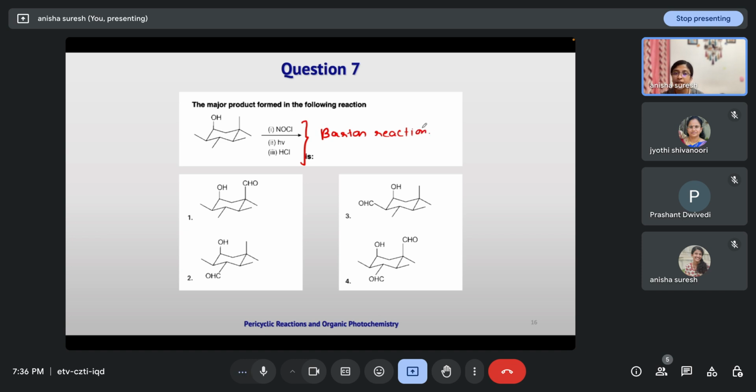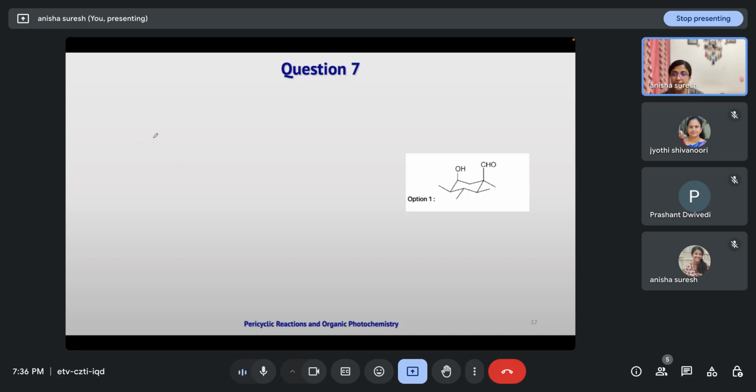So how does it take place? We will explain with the mechanism. We have OH. This is the starting material. Upon treating with NOCl, it will lead to the formation of O-NO.